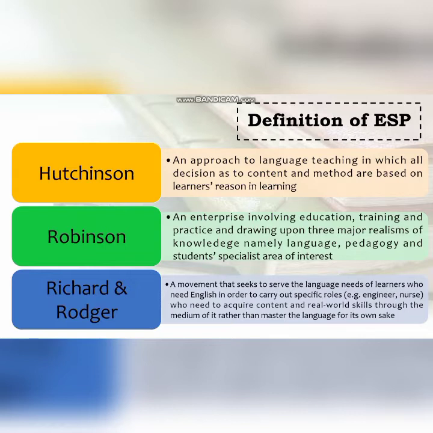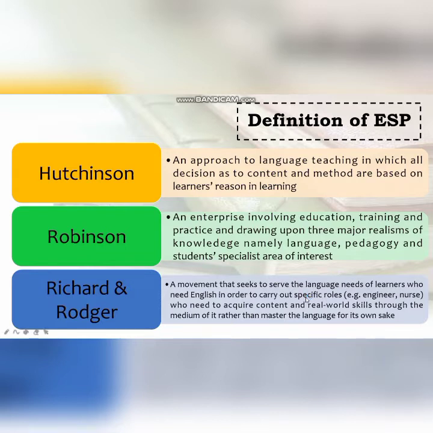And the third one is the definition from Richard and Roger. He said that ESP is a movement that seeks to serve the language needs of learners who need English in order to carry out specific roles. Specific roles, peran tertentu.